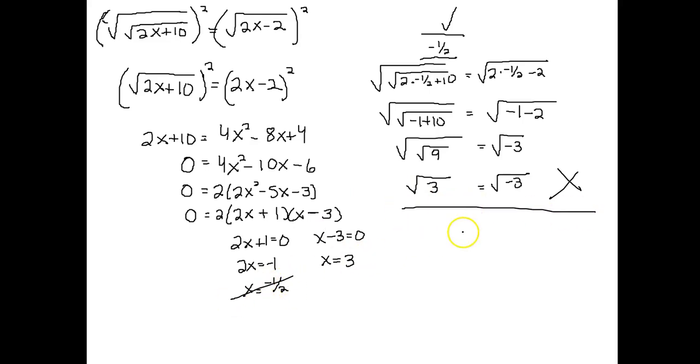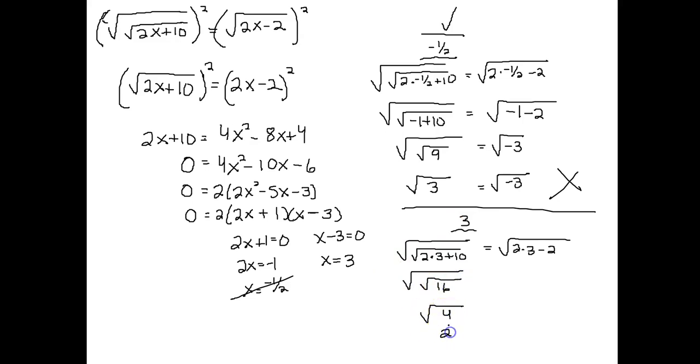All right. How about 3? See what happens when we plug that in. The square root of the square root of 2 times 3 plus 10 equals the square root of 2 times 3 minus 2. So we've got the square root of the square root of 6 plus 10, or 16. So the square root of 4, which is 2.